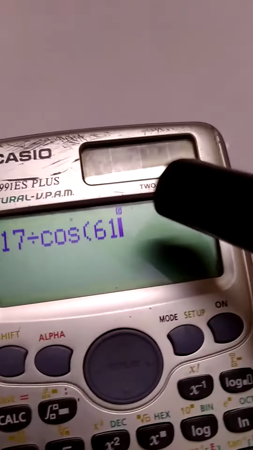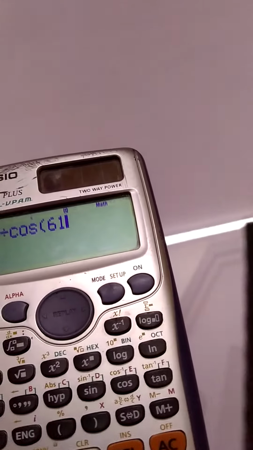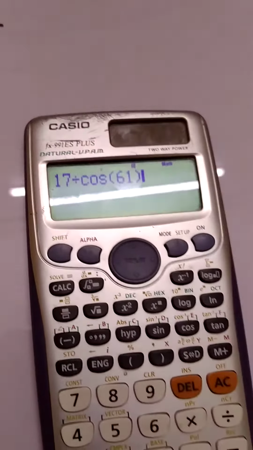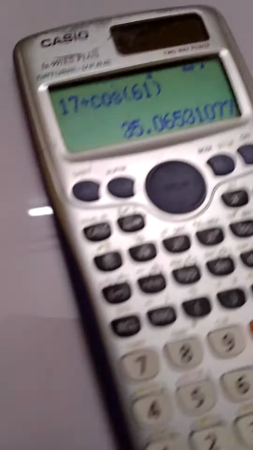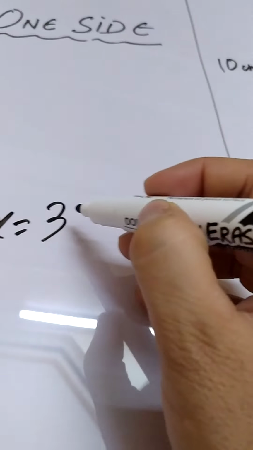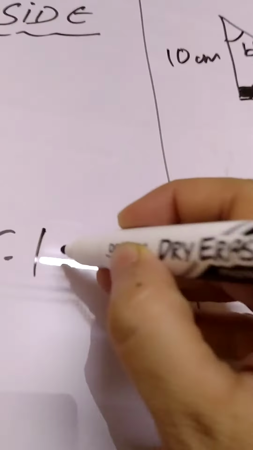Guys, please remember to always close this bracket. Then press equals. So it is 35.065. So x is 35.1 centimeter.